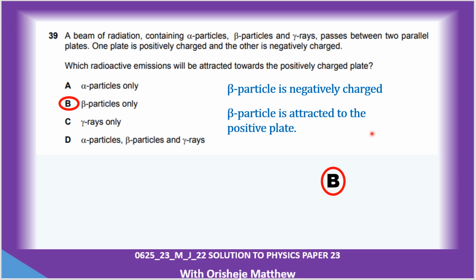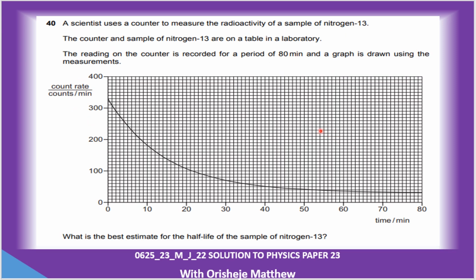Okay, the last question here. A scientist used a counter to measure the radioactivity of a sample of nitrogen 13 isotope. The counter and the sample of the nitrogen 13 are on a table in the laboratory.